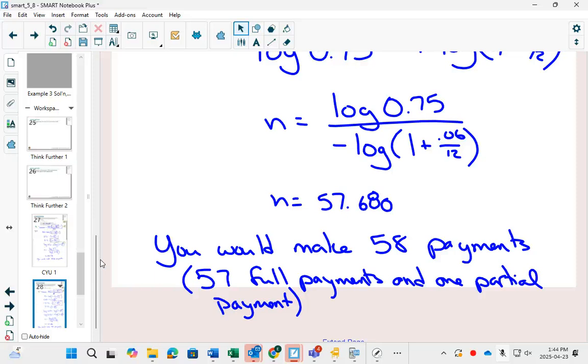I read a statistic that, I don't know if this is completely true or not, but the average American pays $300 for every $100 they spend on their credit card. So the average American, when you buy something with their credit card, they're actually paying triple that price.